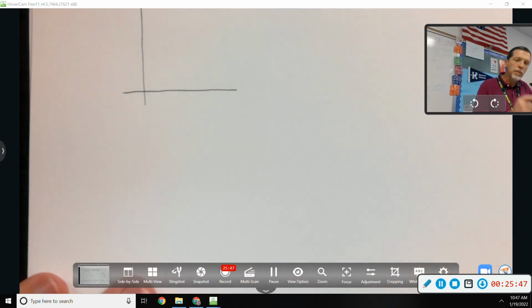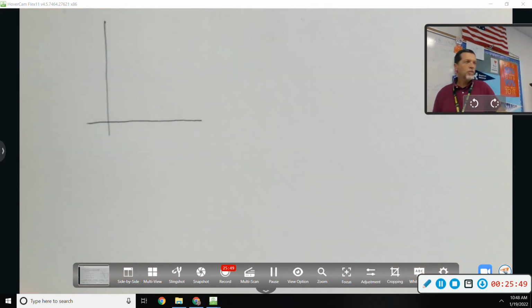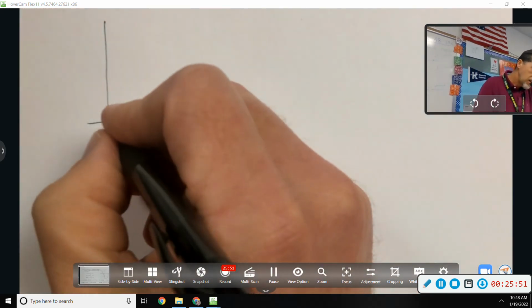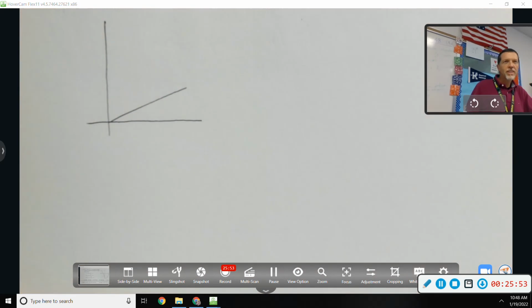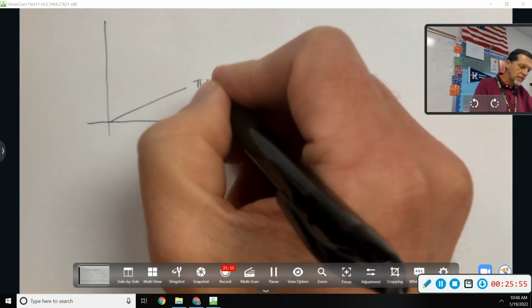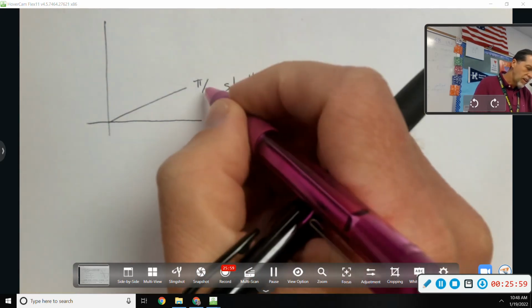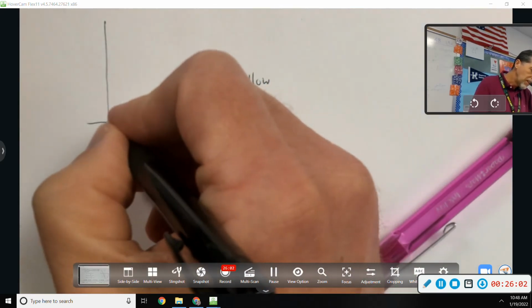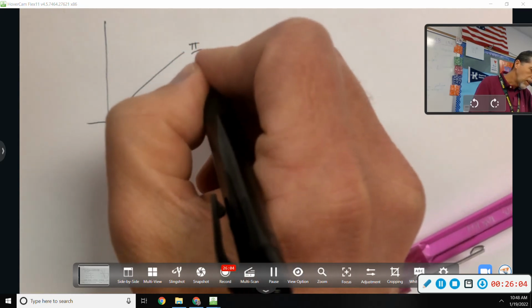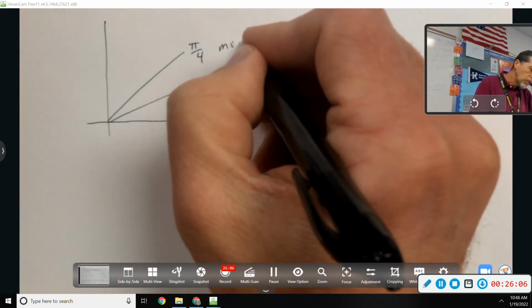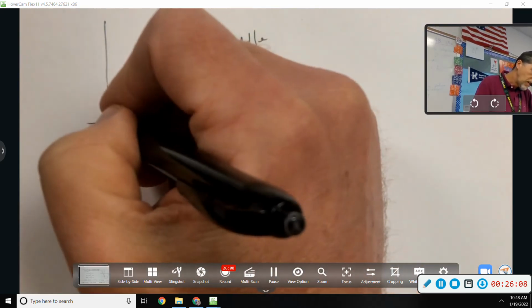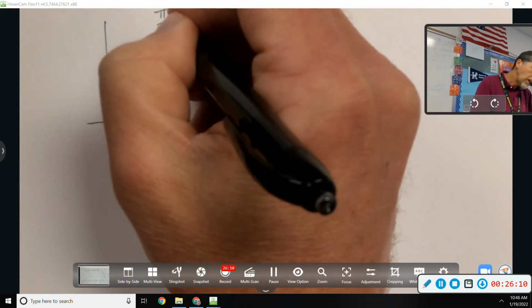Here's what I need to remember about the unit circle to get everything right. What's the shallow angle? Pi over 6. Pi over 6 is always shallow. What's the middle angle? Pi over 4. Pi over 4 is always the middle angle. Pi over 3 is always the steep angle.